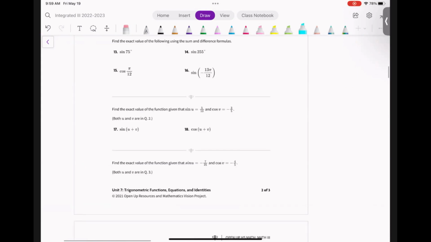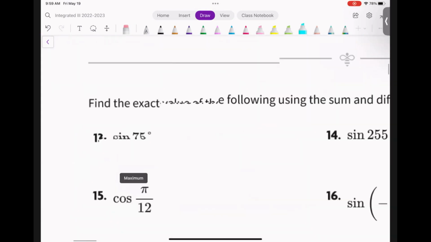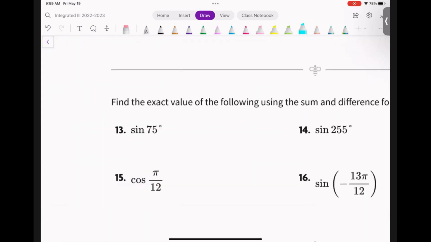And the way you're going to do this is, and I'll show you really quick. Let me find one really quickly. Okay, here's a perfect one. They want you to find the sine of 75 degrees. All right, off the top of your head, do you know the sine of 75 degrees? Everyone's like, no. Good. So then you're like, but wait a second, Miss Johnson, I could use sine of alpha plus beta. And I'm like, oh, okay.